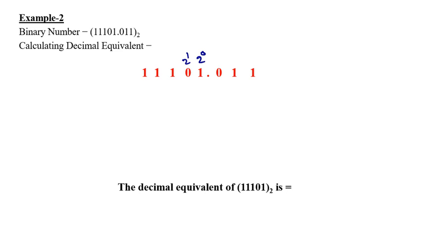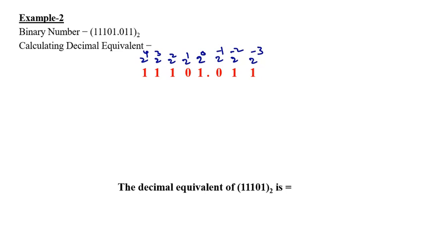The next ones are 2 square, 2 cube, and 2 power 4. Now coming to the fractional part, the positional value is in the order of 2 power minus k, where k value is 1, 2, and so on. So the positional values of the digits after the decimal point are 2 power minus 1, 2 power minus 2, and 2 power minus 3.